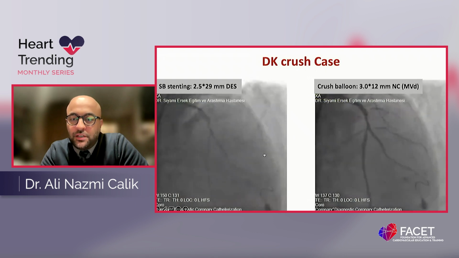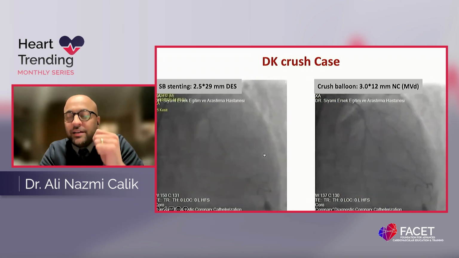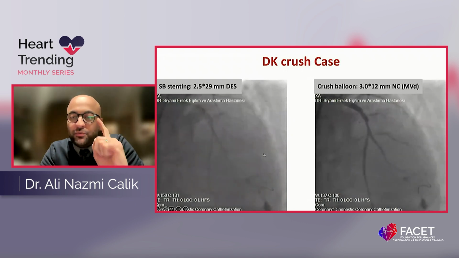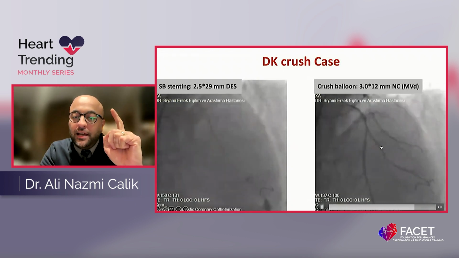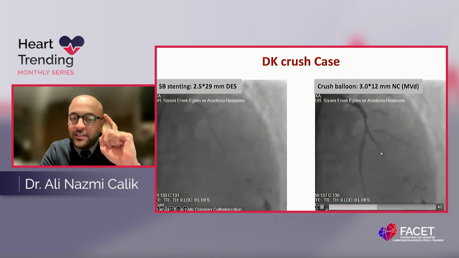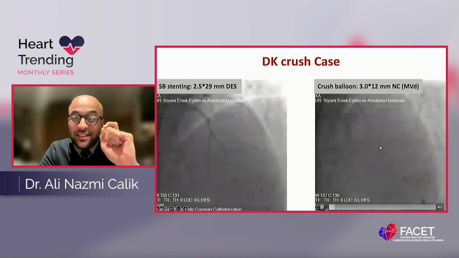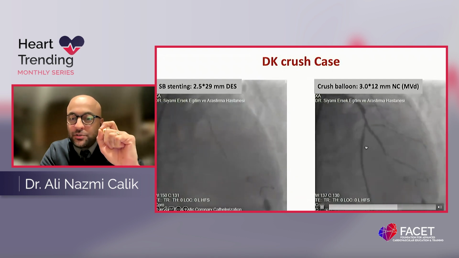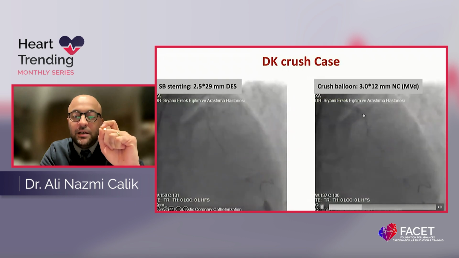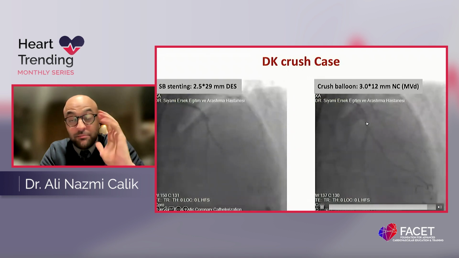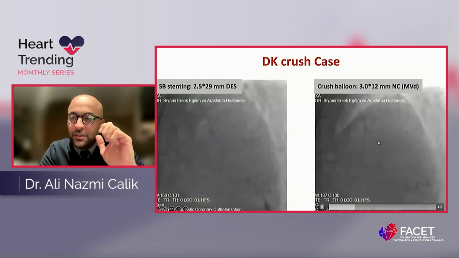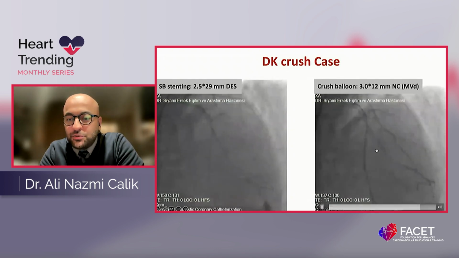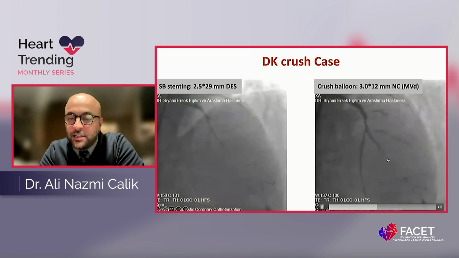Then after putting the stent, it is really important to give a small amount of contrast before crushing, because you may have a distal edge dissection. And if you cannot notice this and crush your stent without a wire in it, probably you will have some issues. So before crushing, it is always good to give a small amount of contrast to see there is no dissection in the side branch.